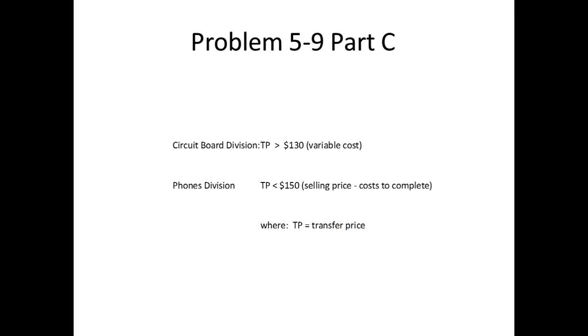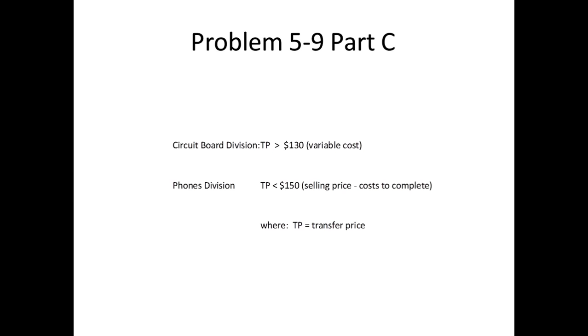So the phone division needs a transfer price less than $150. So somewhere between $130 and $150 is the correct transfer price. However, $130 is best as it induces the transfer, even if the phone profits decline.